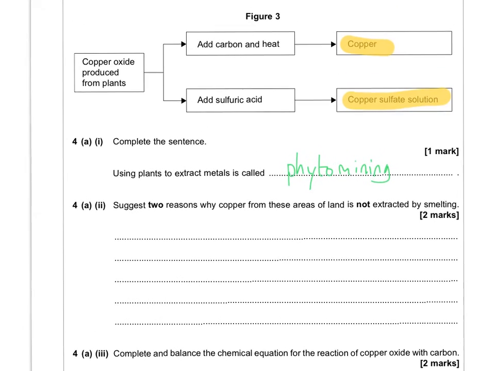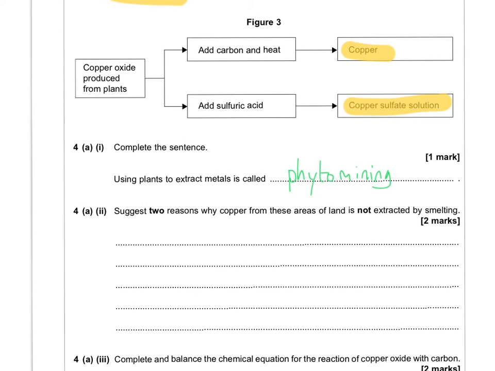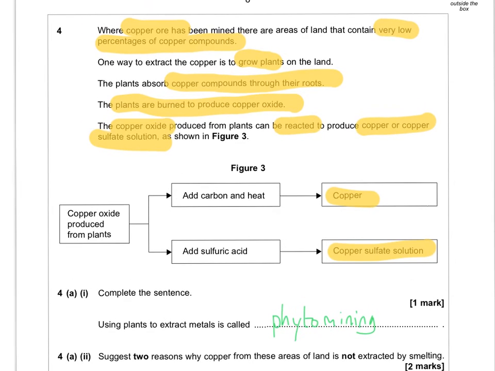And then we get here, suggest 2 reasons why copper from these areas of land is not extracted by smelting. Okay. So we need to know that smelting is essentially just heating the ore with carbon. And the key word there is probably heating. So if we have a look up, one of the things, okay, is that there are very low percentages of copper compounds.